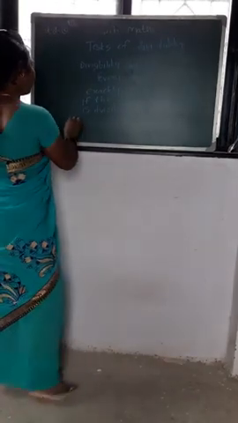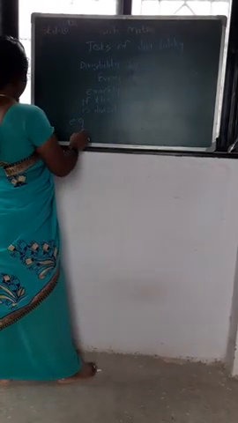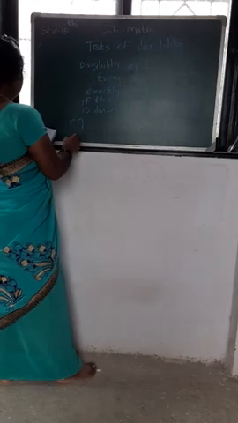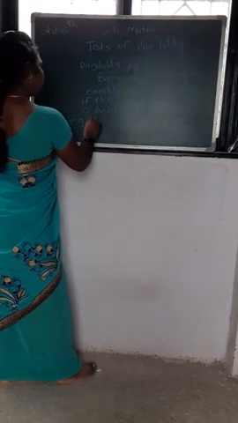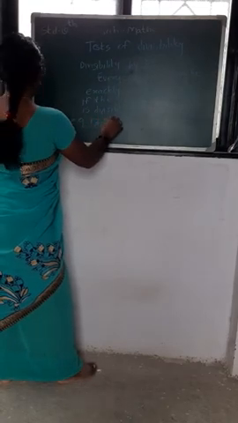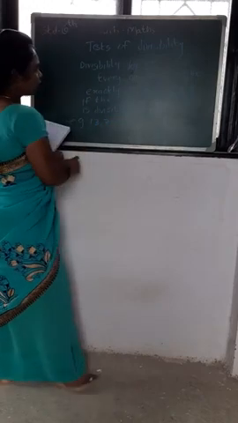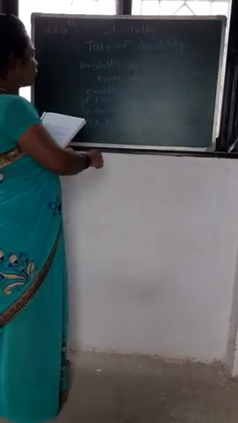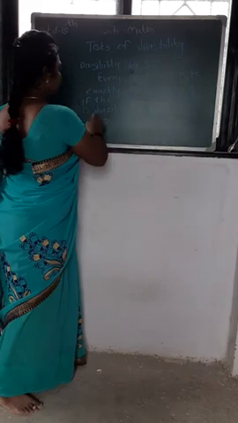For example, 13707. In this number, the property says that the sum of its digits is divisible by 3.